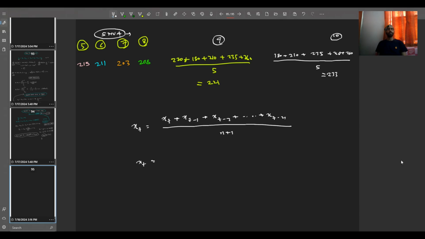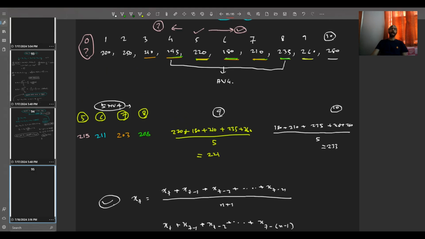Or you can write xt is equal to xt plus xt minus 1 plus xt minus 2 plus dot dot xt minus n minus 1 divided by n. These both equations are valid for a moving average, right friends?